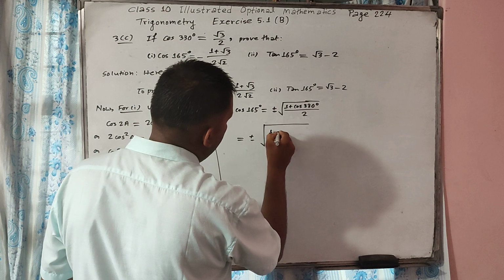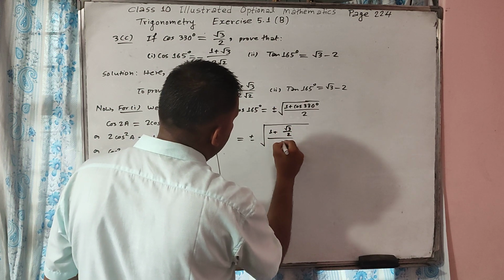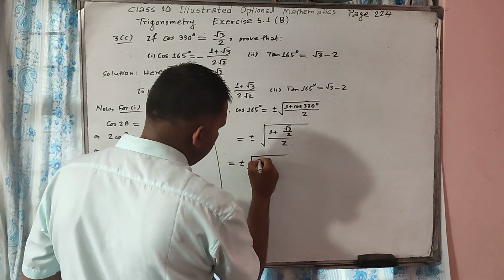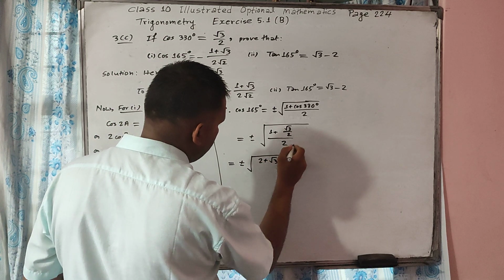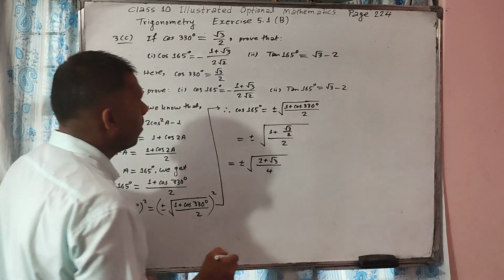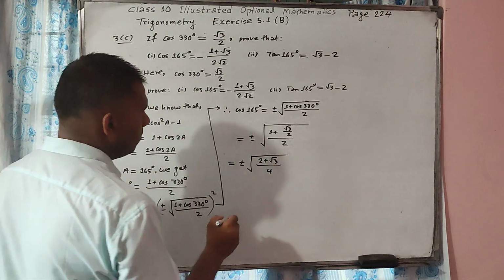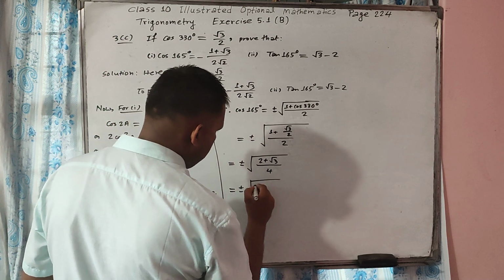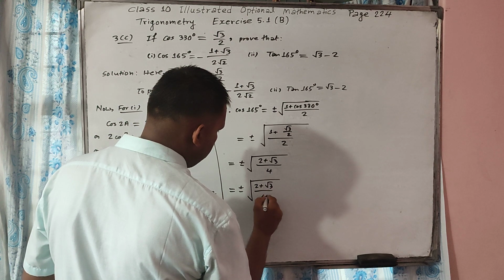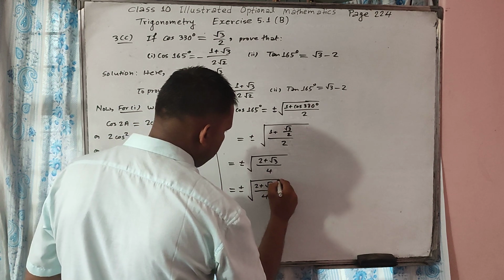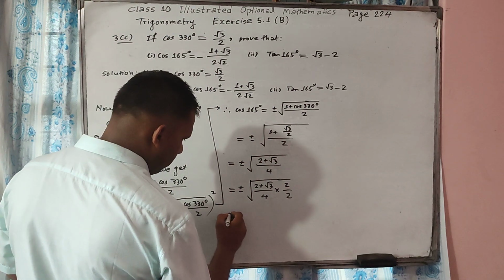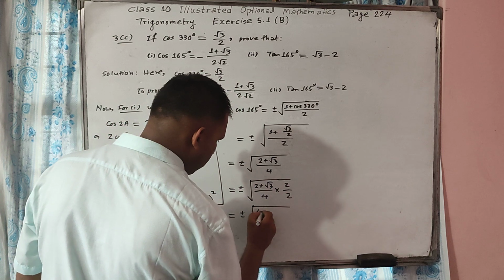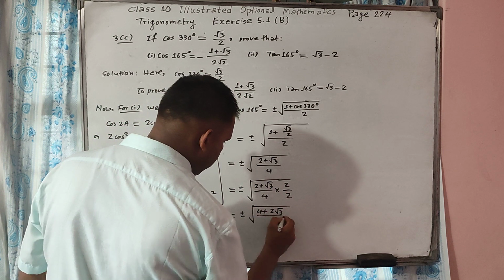So (1 plus root 3 by 2) all upon 2 equal to plus minus square root of (2 plus root 3) all upon 2 to the 4, equal to plus minus square root of (2 plus root 3) whole upon 4. Both numerator and denominator multiply by 2, so this is equal to plus minus square root of (4 plus 2 root 3) whole upon 8.